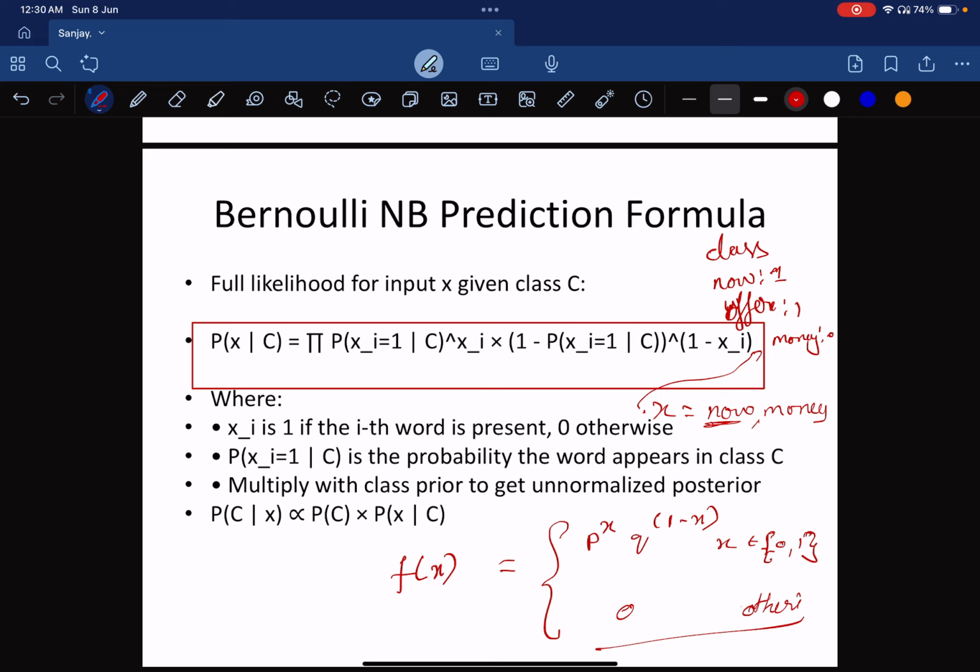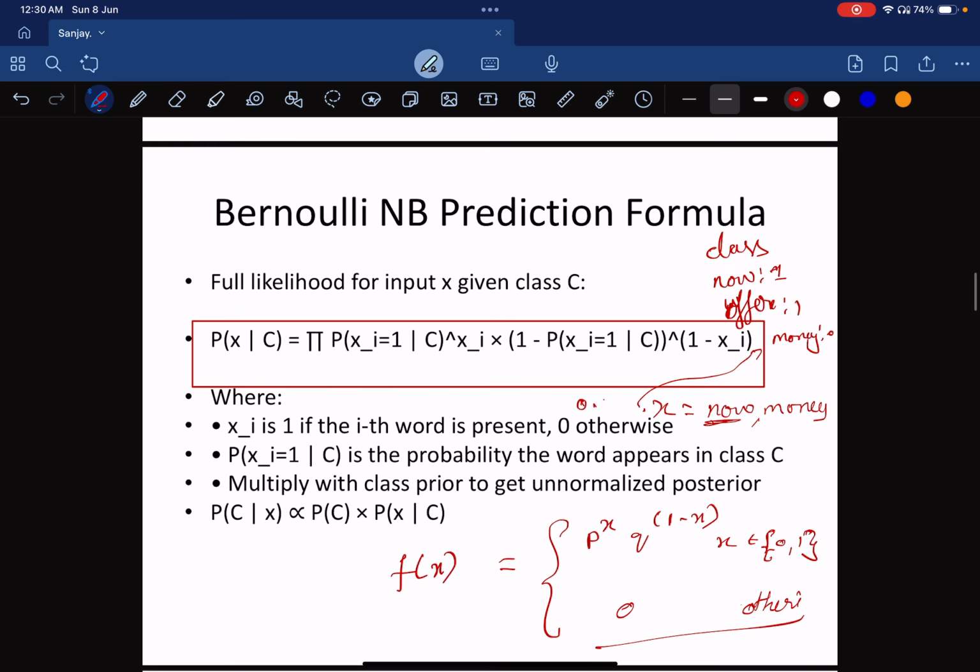We find the probability if the data is 1 based on some formula. I will tell you that formula later. For simplicity, we take the probability of now belonging to class 1 as 0.25, and it will return 0.25.